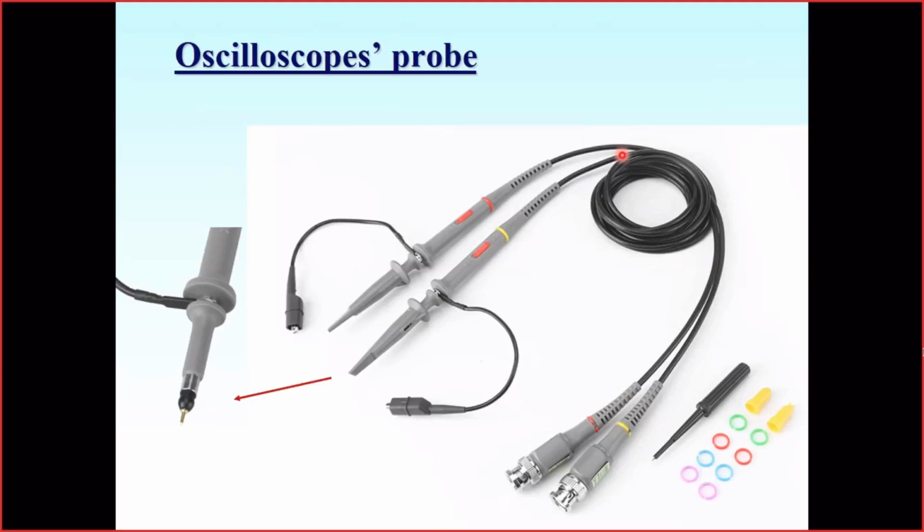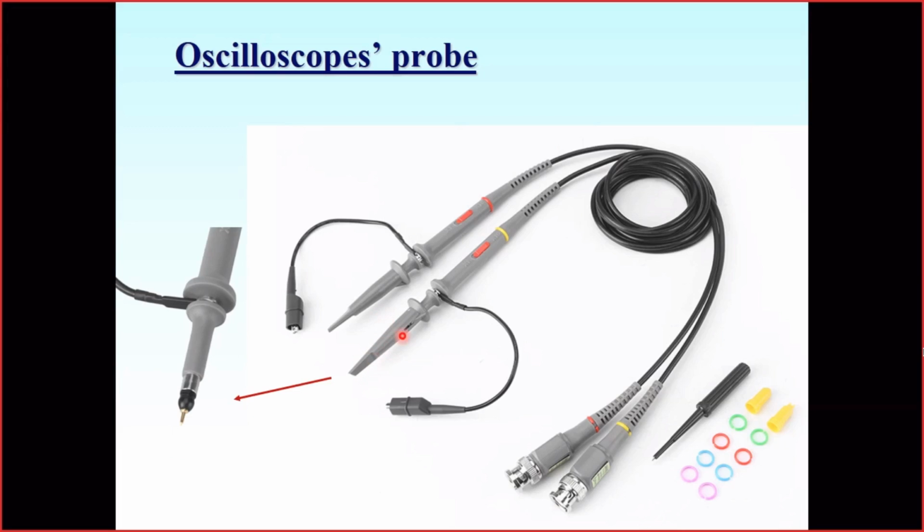Now the scope probe itself. It looks like this. It's a typical scope probe with a BNC connector and a probe tip. There are two types of tip. One tip you may just put to a certain point in your circuit.